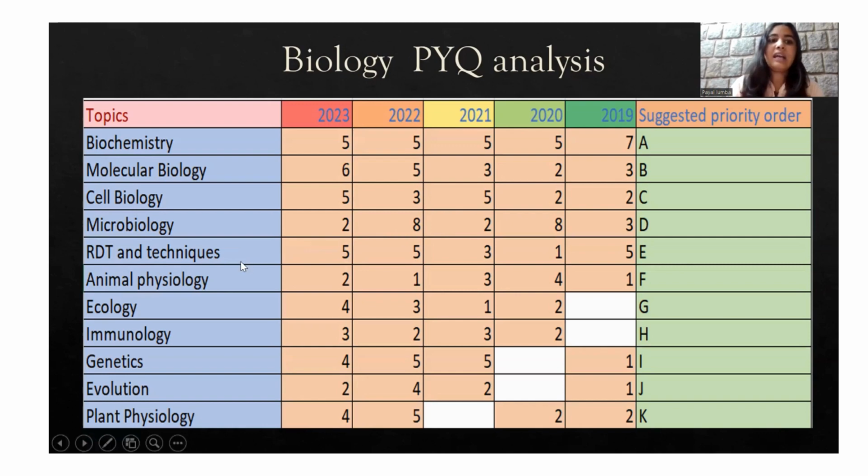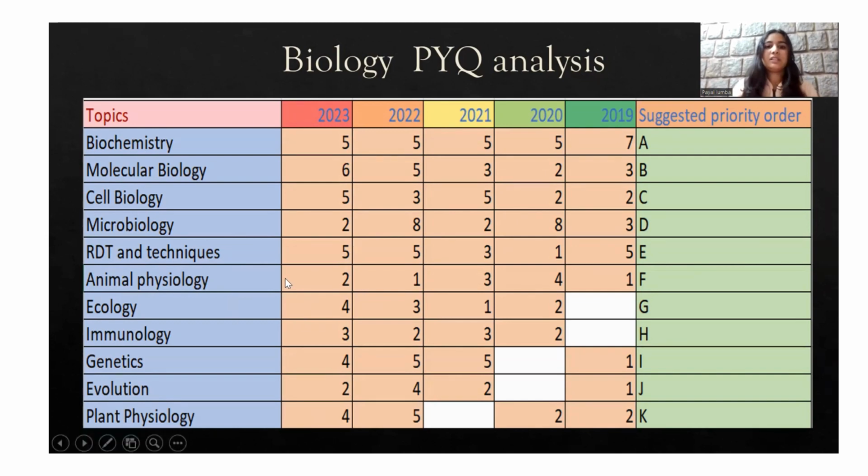And in rDNA technology and techniques, they ask from gel electrophoresis, NMR, and also in rDNA, they were asking continuously about the enzymes, like which enzymes are isoschizomers, endonucleases and all.